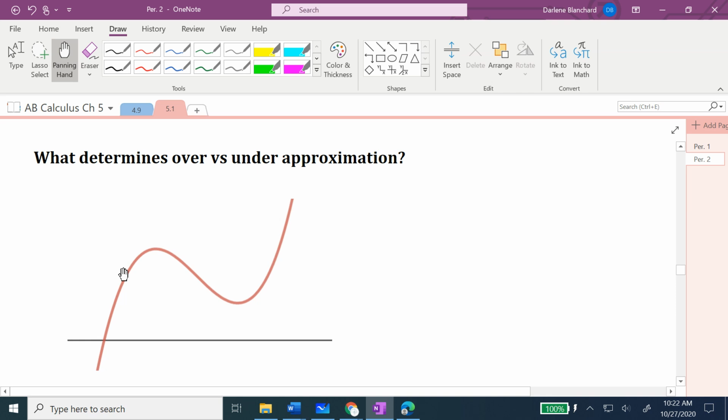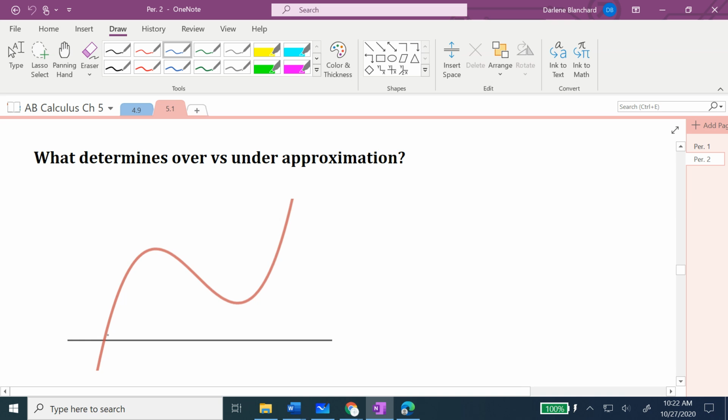This has positive derivatives, negative derivatives. This has positive second derivative, negative second derivative, and you can see them all at once and figure out exactly what matters.